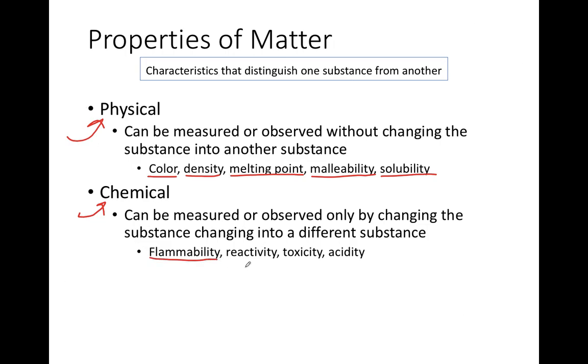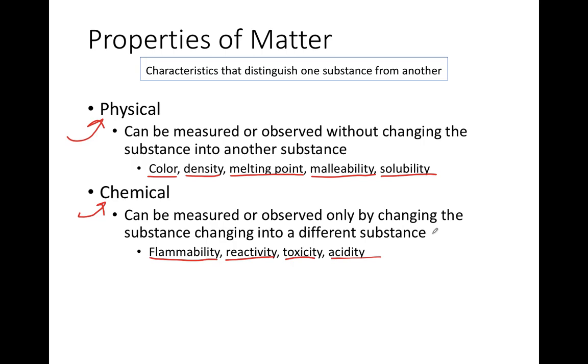So something easily starts on fire, that's flammability. That's a property of that substance. It easily catches on fire. If it reacts in certain situations, if it's toxic or acidic, all of those different things are chemical properties because some type of chemical substance change is happening when it undergoes these processes.